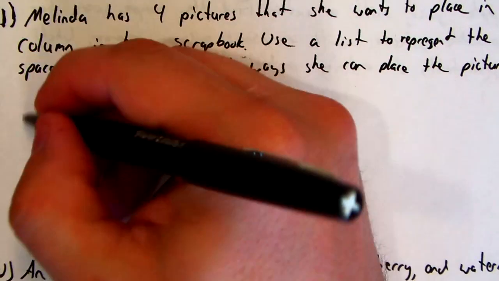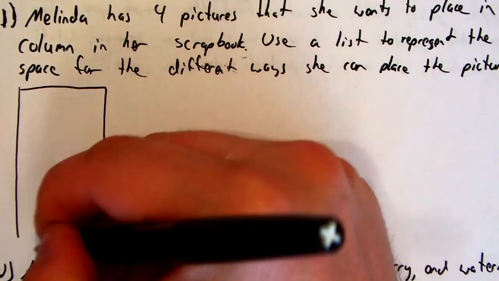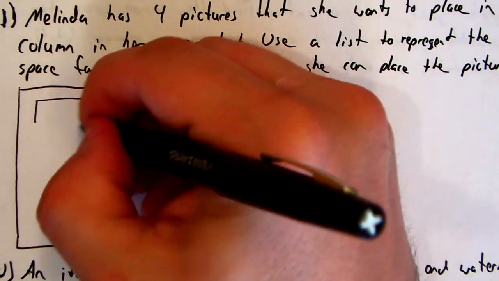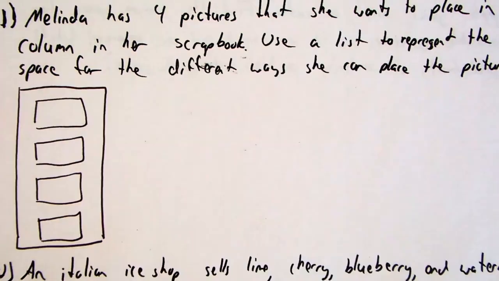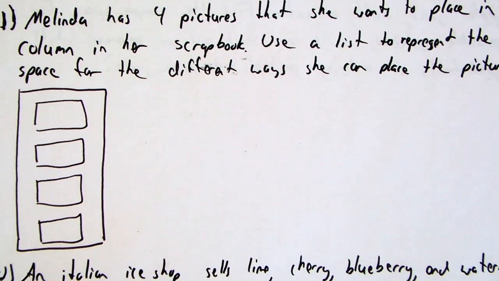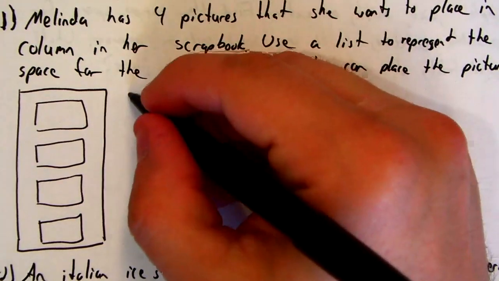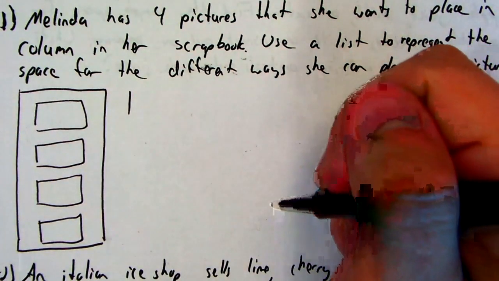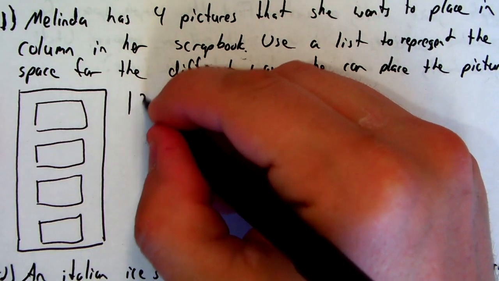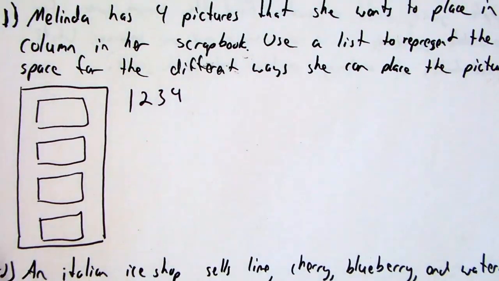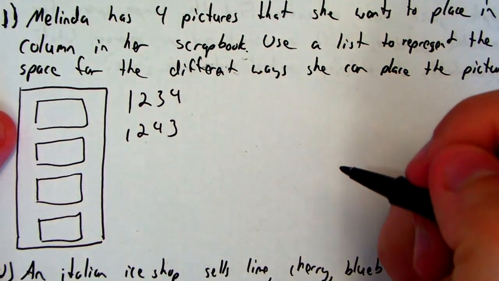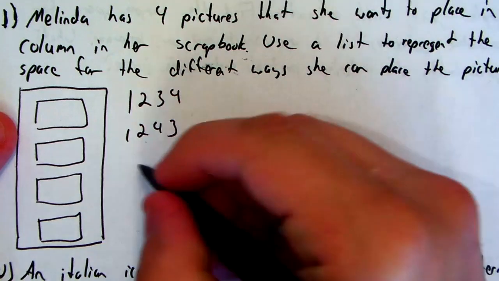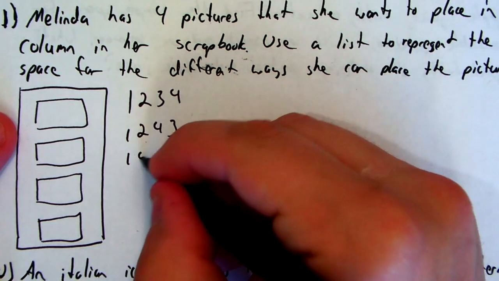First thing I'm going to do is draw a picture. And we have 4 different spaces where each picture could go. Now, let's just assume that we're going to put the first picture first. And then we could put the second one, and the third one, and the fourth one. We could also switch the back 2, or switch 2 and 4.